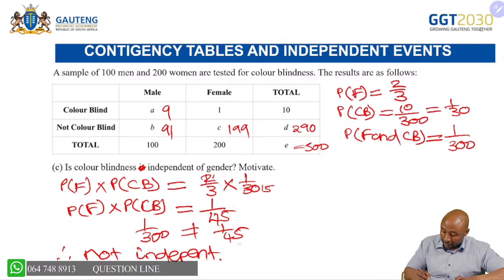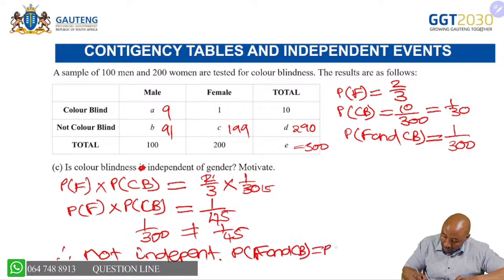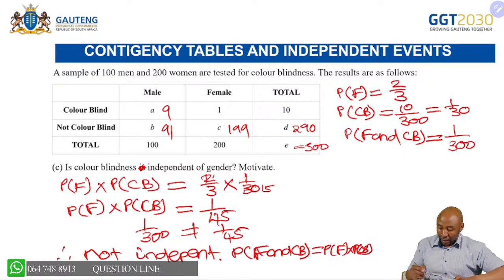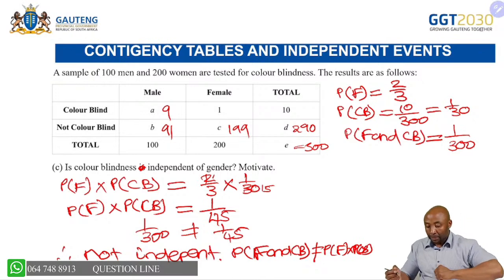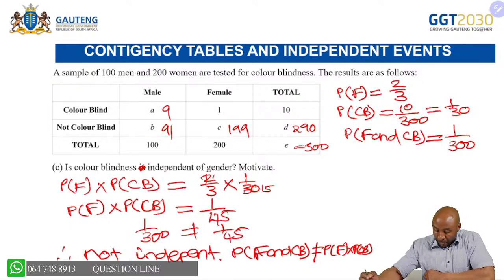Why? As our reason, the probability of being female and colorblind is not equal to the product of being female multiplied by colorblind. So therefore, the events are not independent. So if they are not independent, we say they are dependent. So it means colorblindness is dependent on gender.